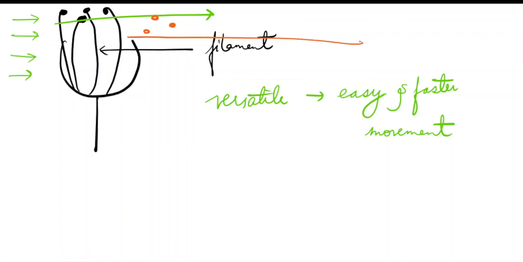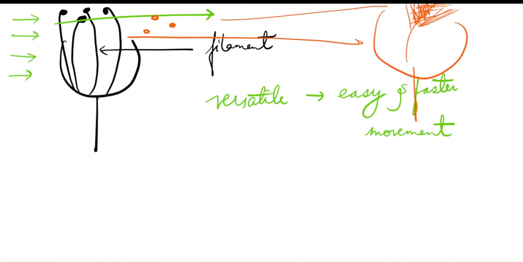So wind is carrying the pollens, and suppose here there is a flower which has a feathery stigma, and the pollen will come and get trapped in the feathery stigma.